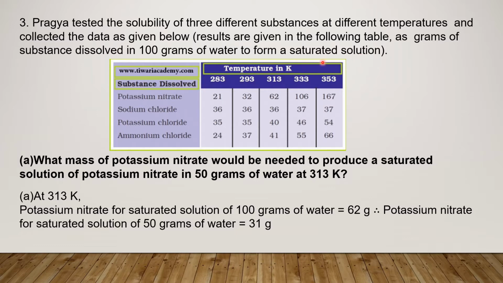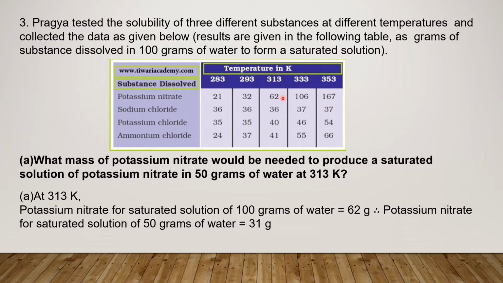So the first question is, what mass of potassium nitrate would be needed to produce a saturated solution of potassium nitrate in 50 grams of water at 313 Kelvin? So here potassium nitrate. So just take potassium nitrate and what is the temperature? 313. So you can see that for 100 grams it is 62.